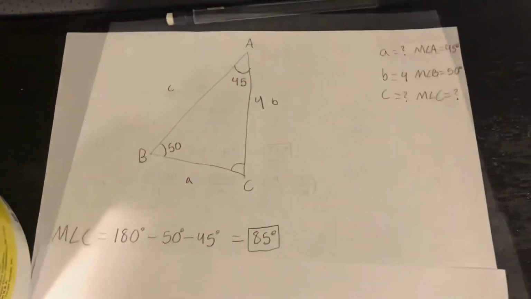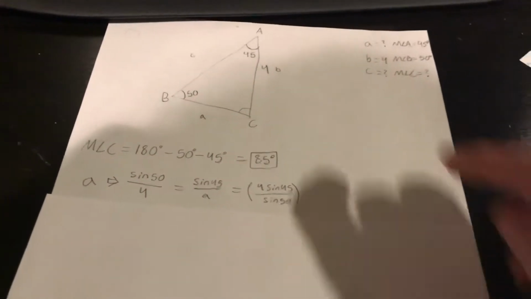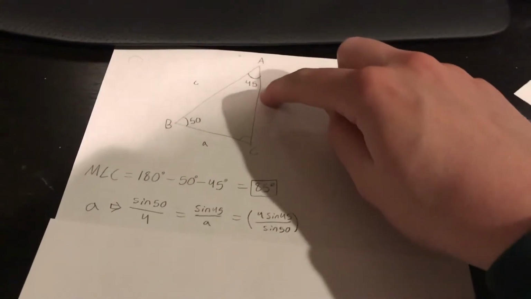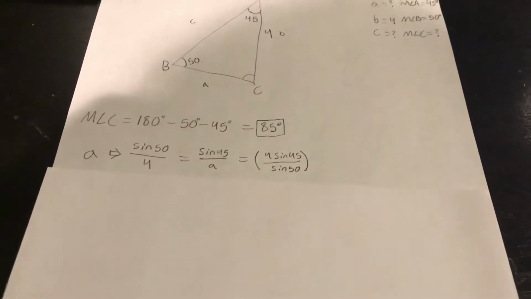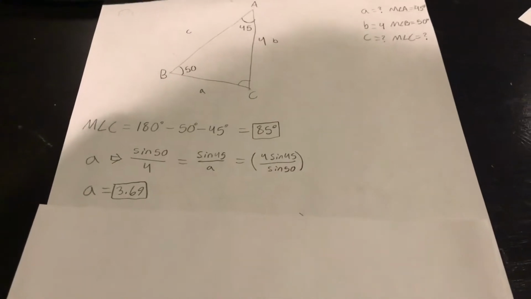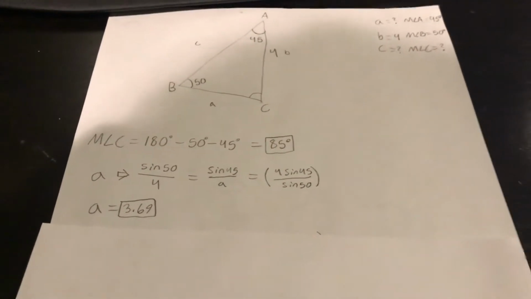which is 85. So next we are going to find side A, because that is the other side that corresponds with angle A, which is given. So we use the formula and then we put that into our calculator, and we find that A is 3.69.